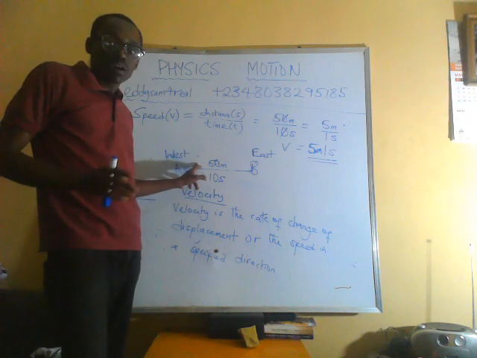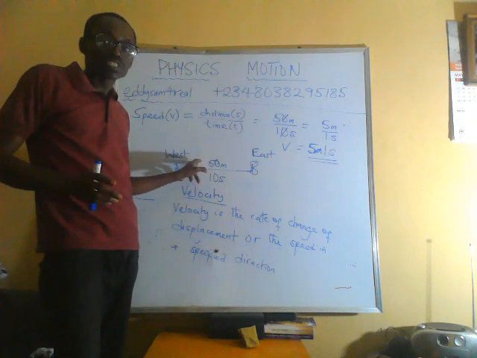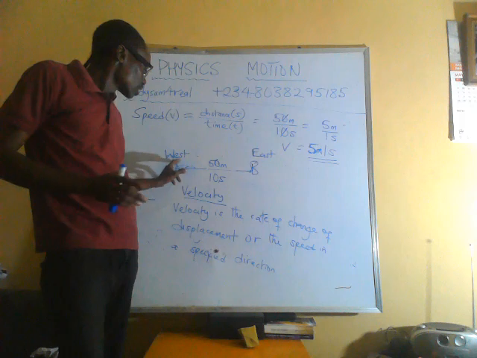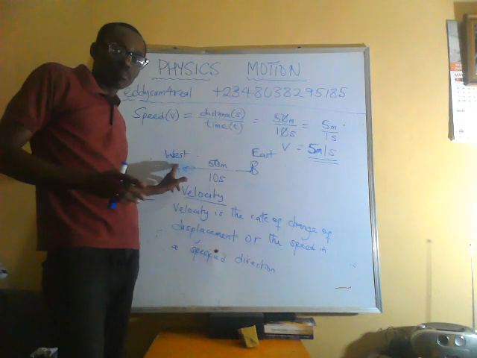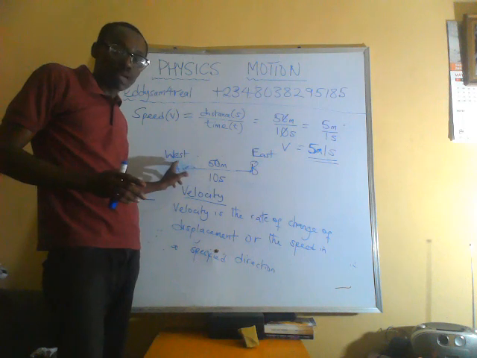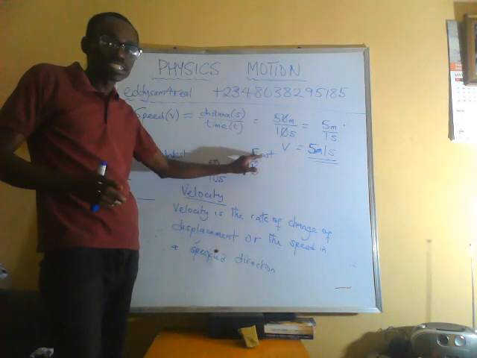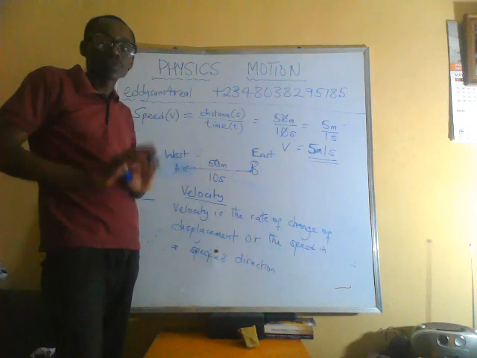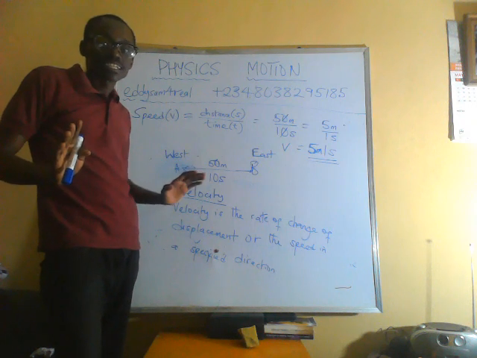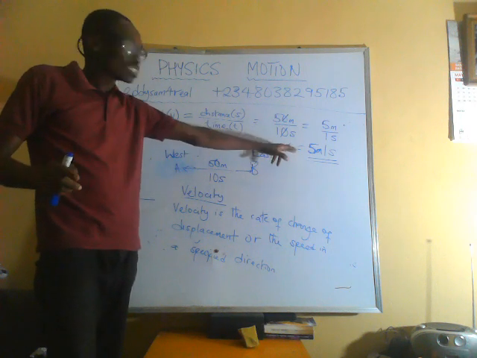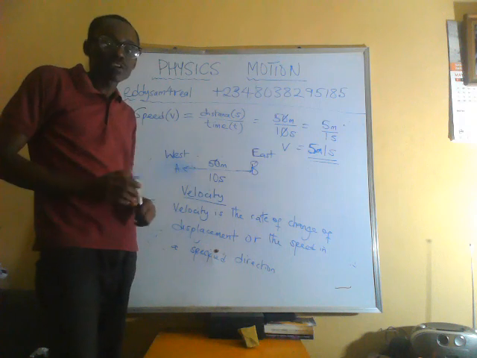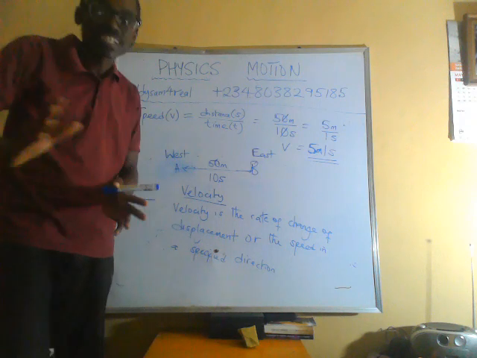Let's look at the problem on speed. Let's assume that I ran a distance of 50 meters in 10 seconds. I started from the west and I ran towards the eastern direction, and that was stated. So let's assume now that my velocity is stated as 5 meters per second from the west to the east.